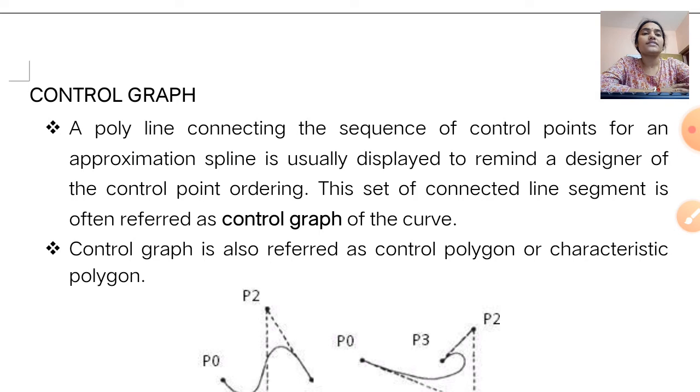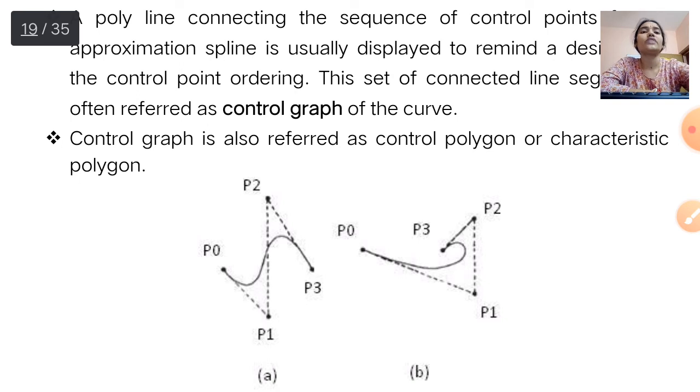This set of connected line segments is often referred to as the control graph of the curve. The control graph is also referred to as the control polygon or characteristic polygon. Here also there are P0, P1.